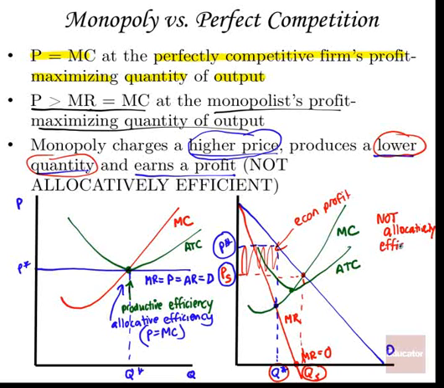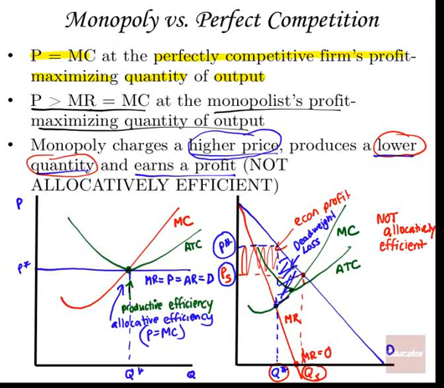Another way to say that a monopoly is not allocatively efficient is that it creates deadweight loss. So this area here is deadweight loss. So that's one way to describe how a monopoly is not allocatively efficient.